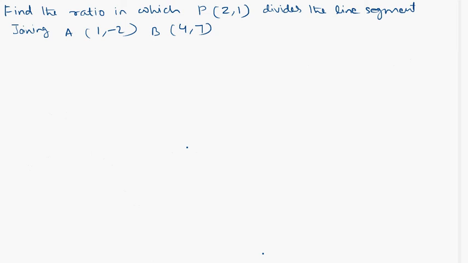Let us take another example. Find the ratio in which the point P 2, 1 divides the line segment joining A 1, -2 and B 4, 7. Now we have the coordinates, but we don't have the ratio. We have to determine the ratio in this problem.